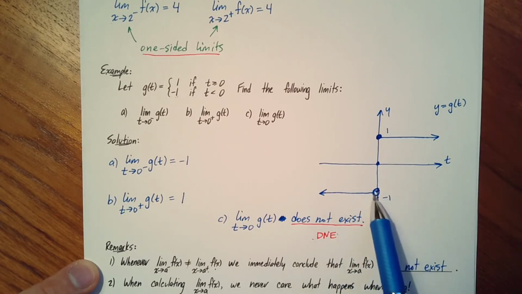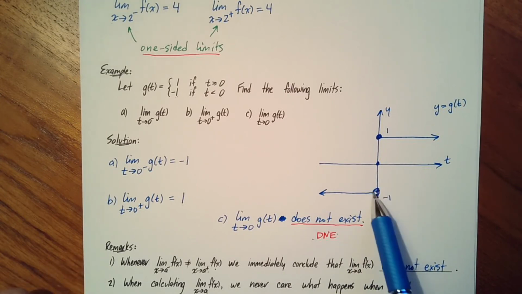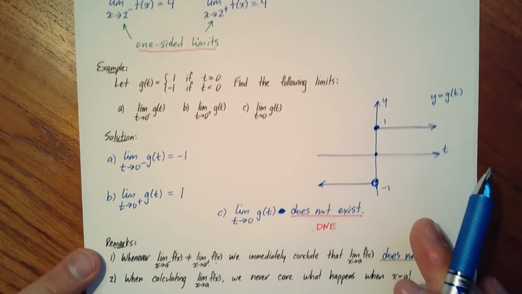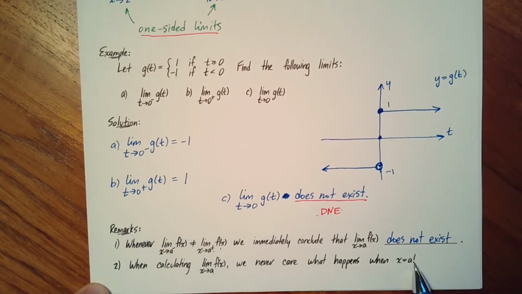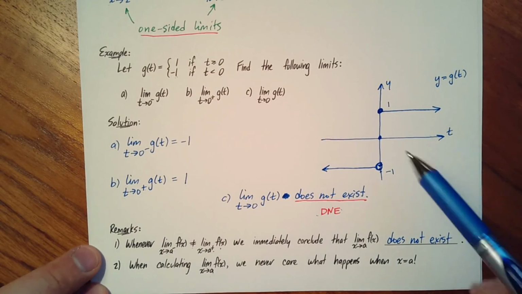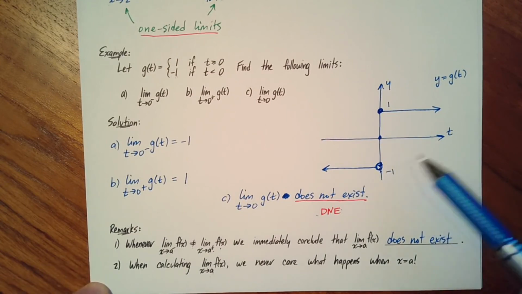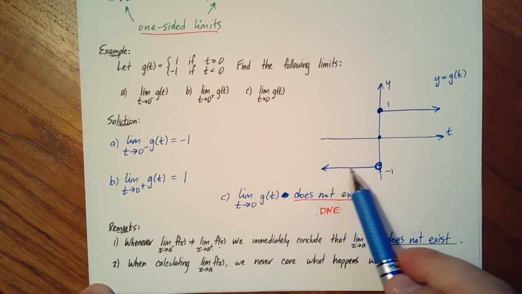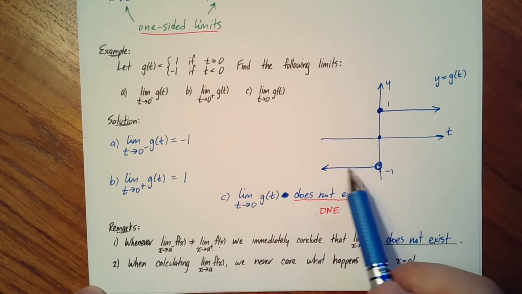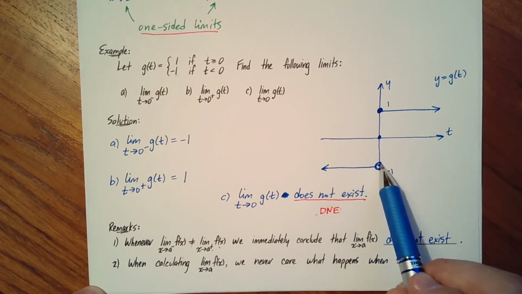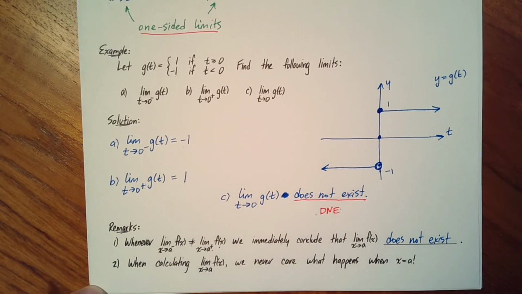And the answer was this point here, the one with a t coordinate of 0 and a y coordinate of -1. That's the point we were approaching. It's not a point on the graph. We don't care if it's a point on the graph. That's what we mean when we say we don't care what happens at the point x equals a. Or in this case, we didn't care what happens at t equals 0. We just care what happens as you get close to t equals 0. So in this case, it turns out that the values were getting close to this point. It had a y coordinate of -1, so that's what we took to be our answer.